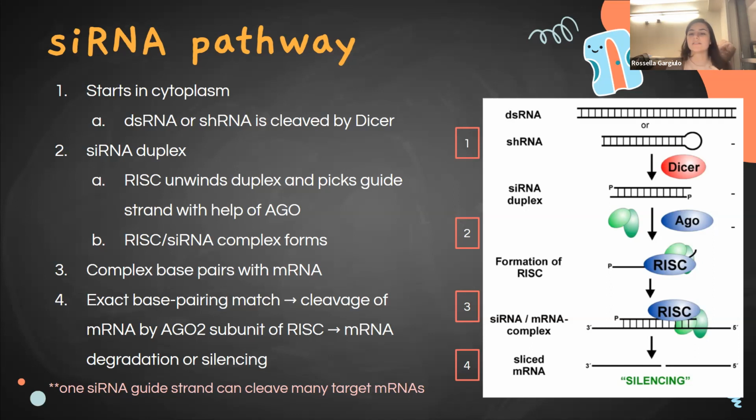You can see that Argonaute catalytic subunit. RISC unwinds the siRNA duplex, and it uses one of those strands as the guide strand to target mRNA, right? Usually when it targets mRNA, there is exact base pairing complementarity, which means that it's going to get silenced and cleaved by the Argonaute, the catalytic part of RISC.